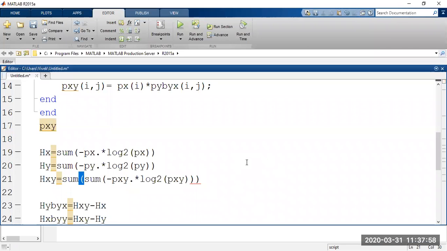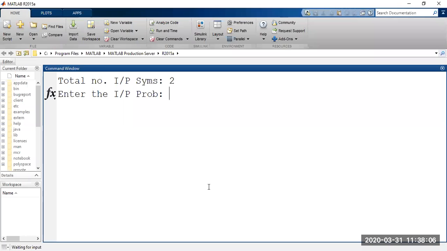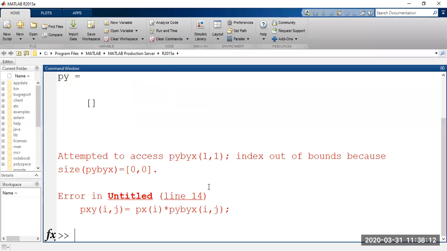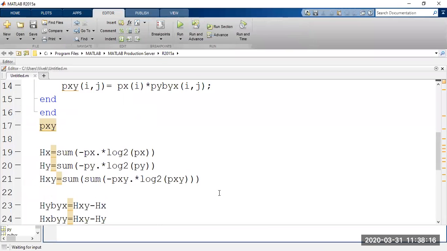Okay, so one bracket is missing. So input symbols 2, output symbols are 2. Okay, I made a mistake. So I'll just go back to the program and run this again.